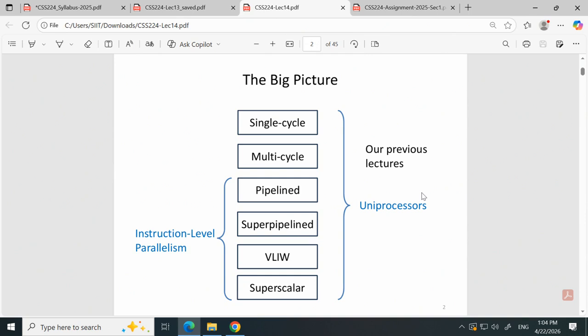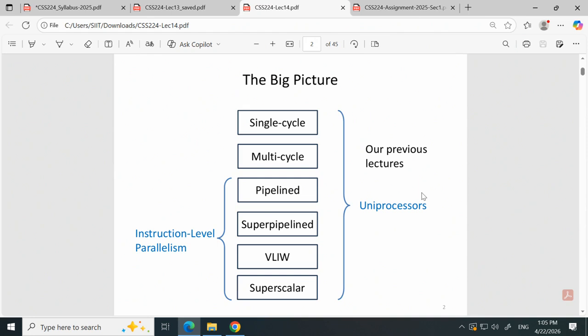Each of those instructions takes one single clock cycle. Multi-cycle, more than one clock cycle. Each instruction in this architecture takes multiple clock cycles. That's why they name it like that.